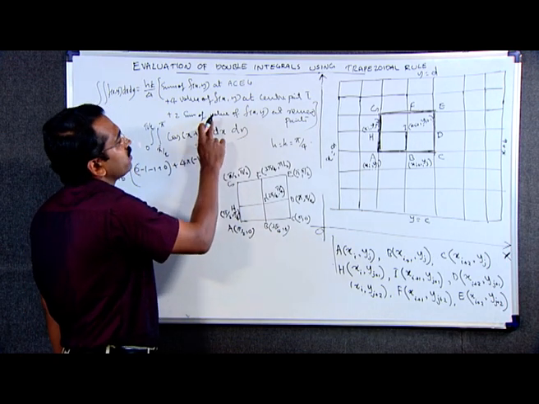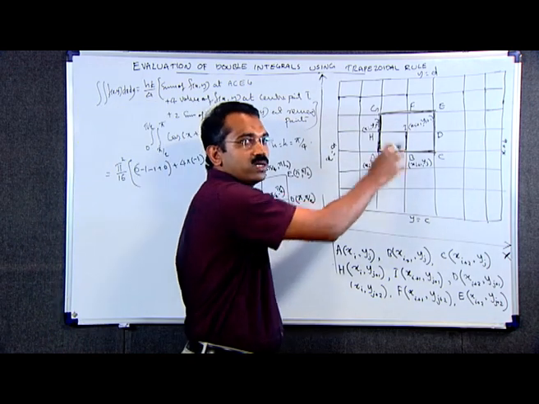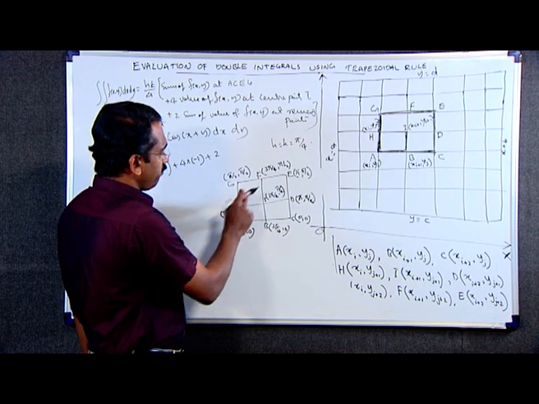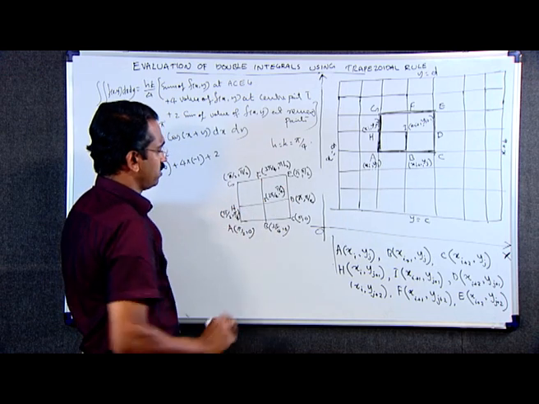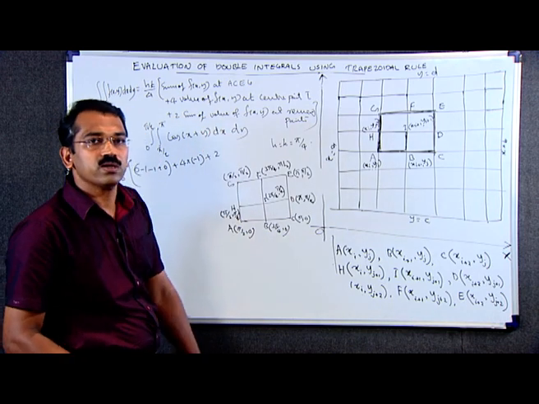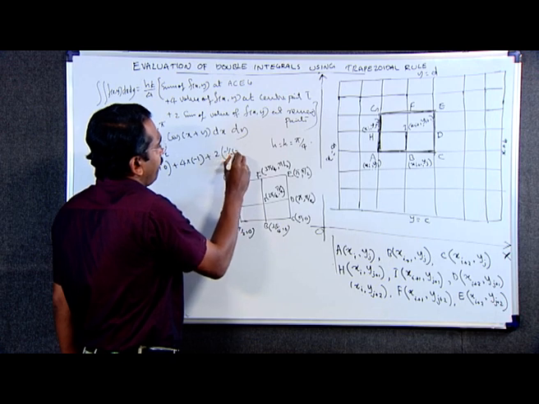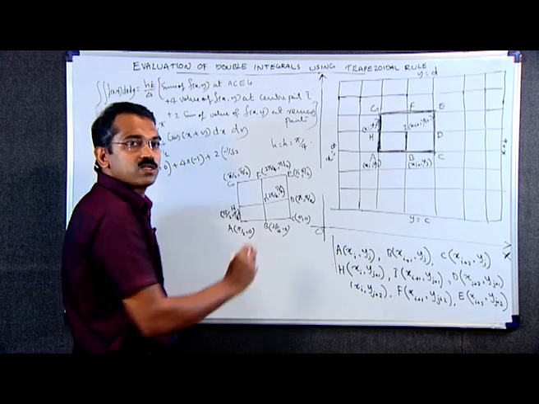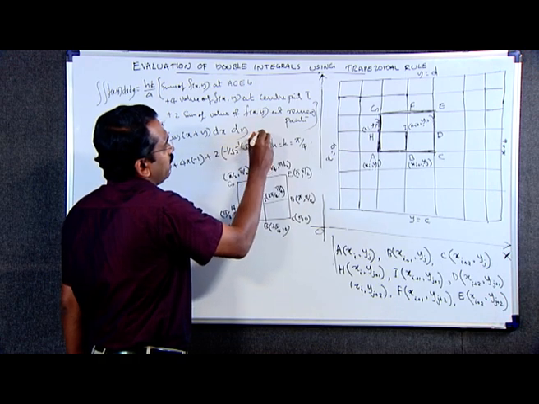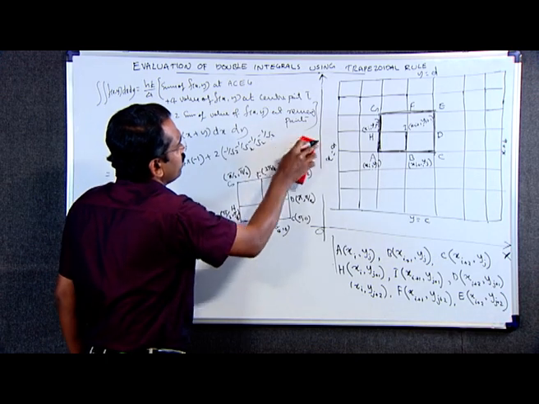2 times the sum of values of f(x, y) at the remaining points. The remaining points are B, D, F and H. The corresponding function values are all minus 1 by root 2.